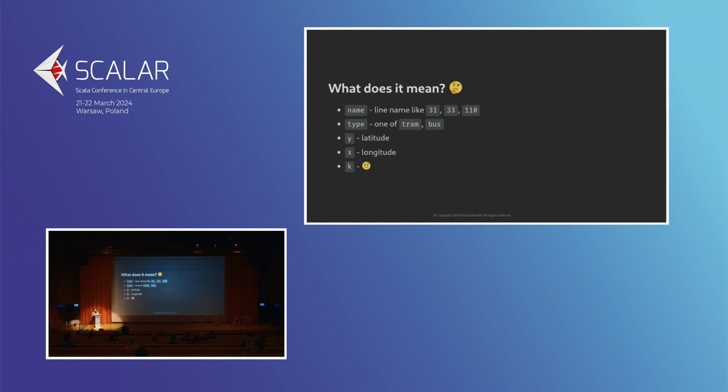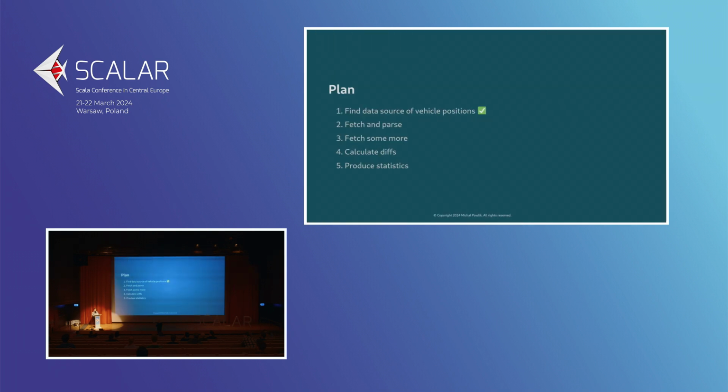And the last but not least was K. I had no idea what the K was, but I went through the data and it seemed to be a unique identifier of the result, assigned to a very specific tram or a bus on a specific line. So this is our key, right? Cool. We have some data. We might have chosen a better data source, but who cares?